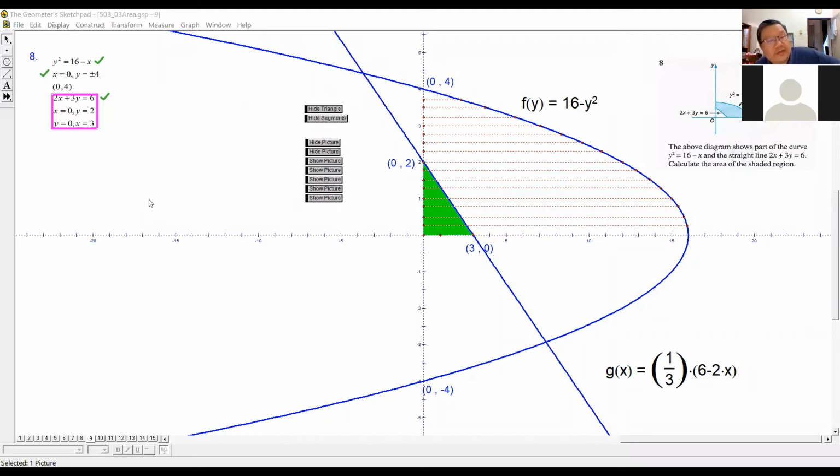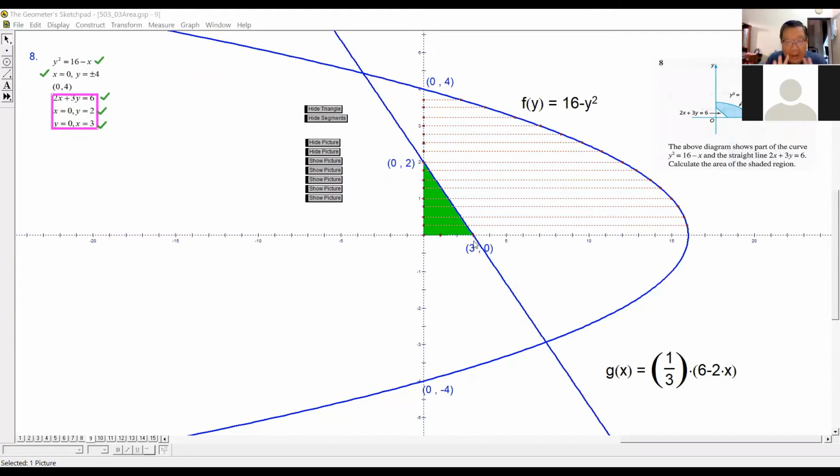When you put x equals to 0, you have y equals to 2, so you have 0, 2 here. Then you put y equals to 0, you have x equals to 3. So this is the other point we have found.